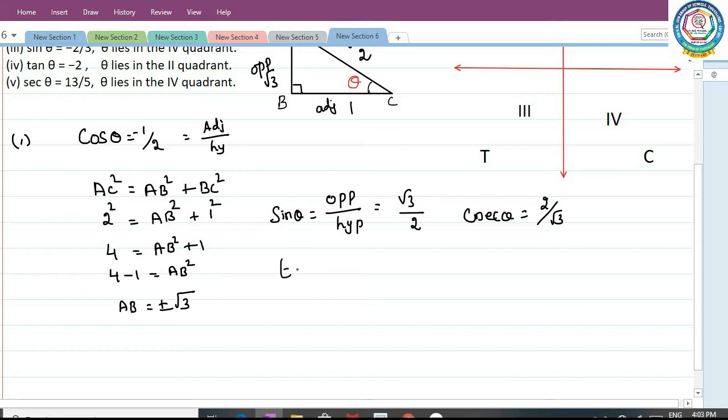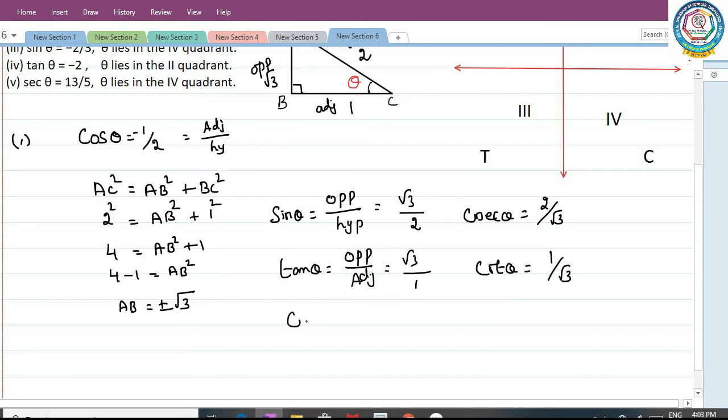Next one, tan theta. Tan theta is equal to opposite by adjacent side. The opposite side is root 3, adjacent side is 1. What is the reciprocal of tan? Cot theta. So cot theta is equal to 1 by root 3.